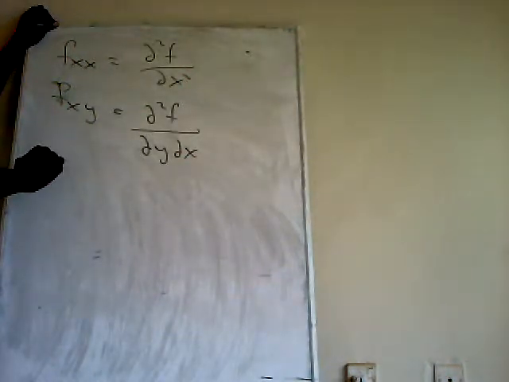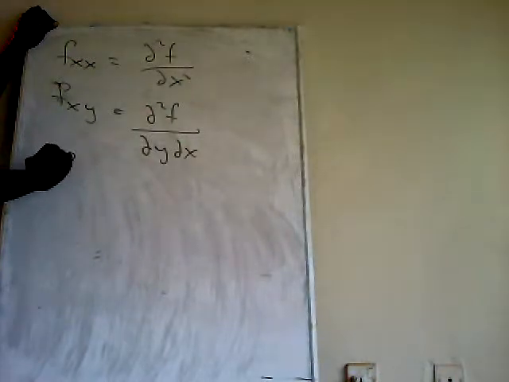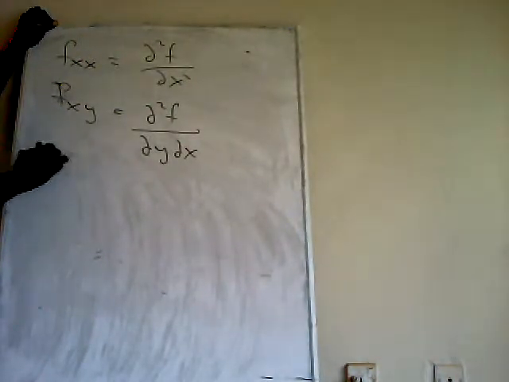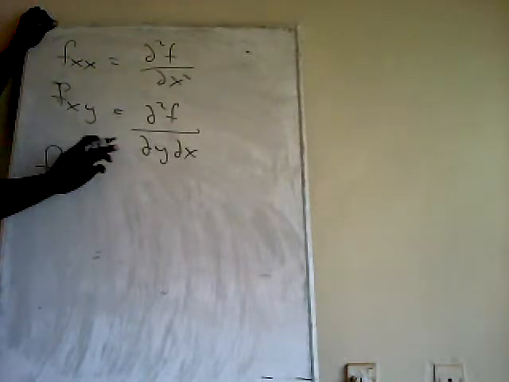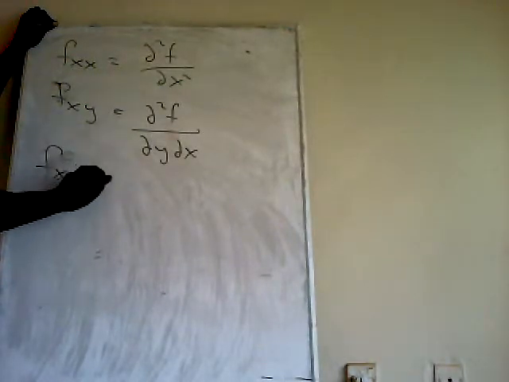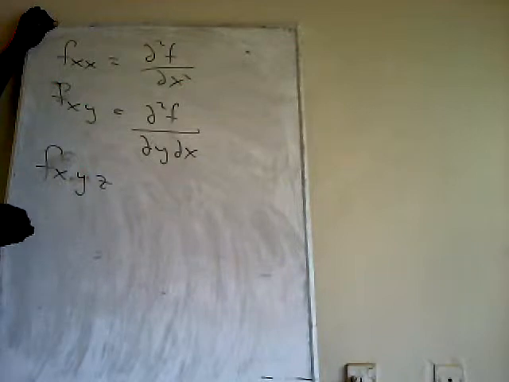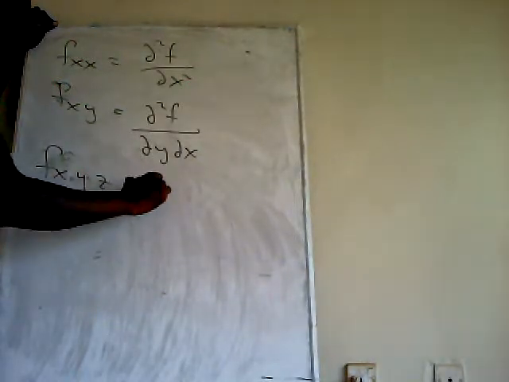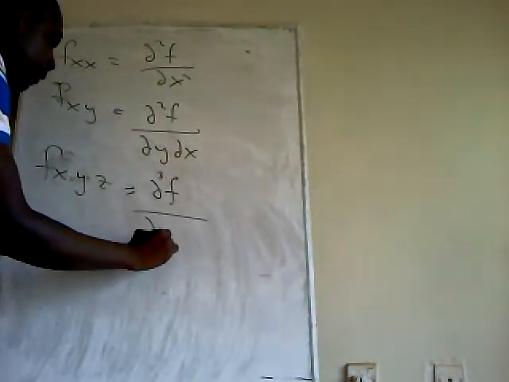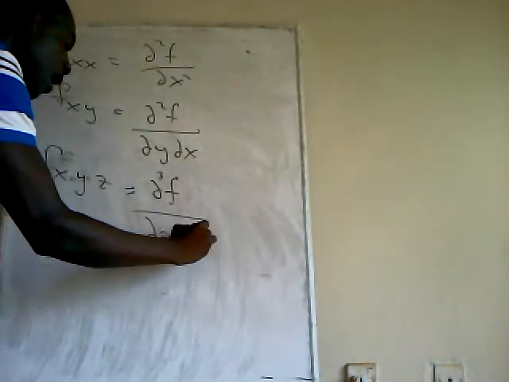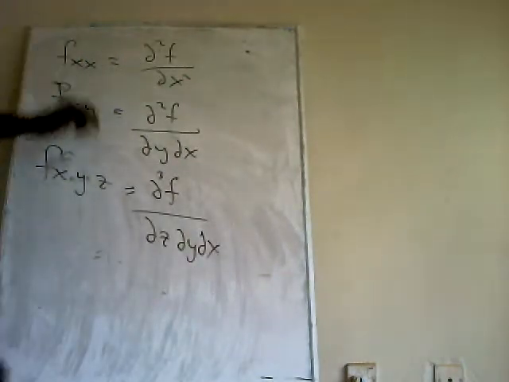If we say fxxyz, this is equal to del cube f over del z del y del x.